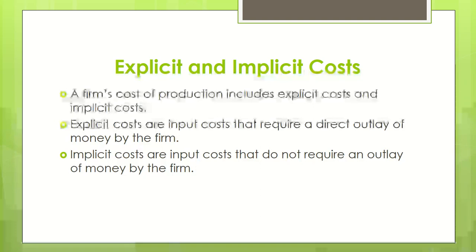For instance, a software engineer is working in a company and his salary is, let's suppose, $100 per month. But if he decides to start his own business, he has to give up that $100 per month in order to start his own business. And that foregone income is also a part of his cost.